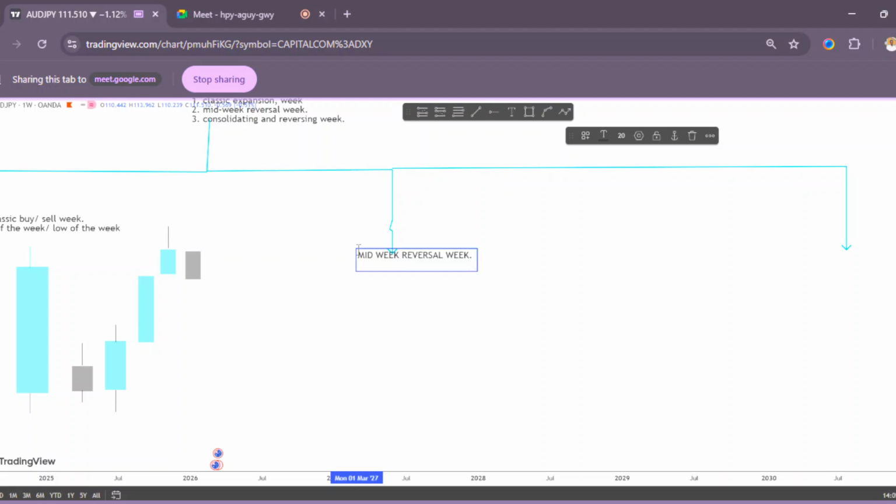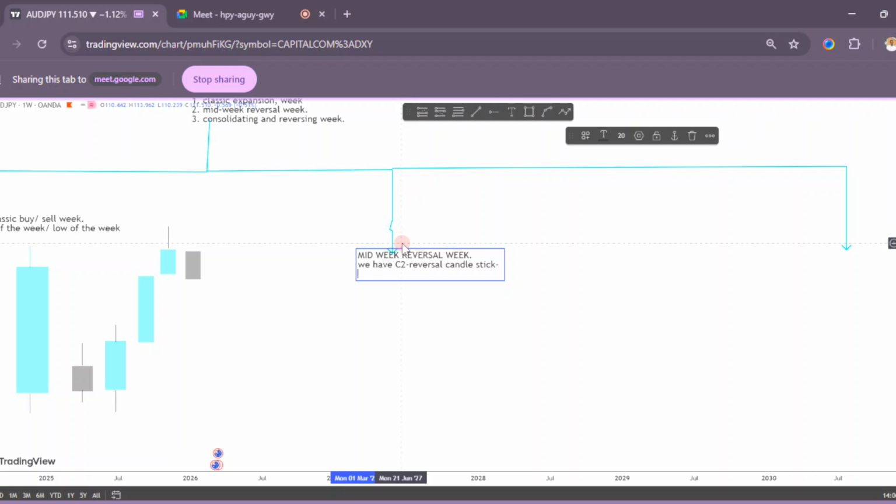So this one is characterized where we have a C2. You remember when we were talking about a C2, a candle 2 closure, which is a reversal candlestick. You remember the shape of a reversal candlestick?